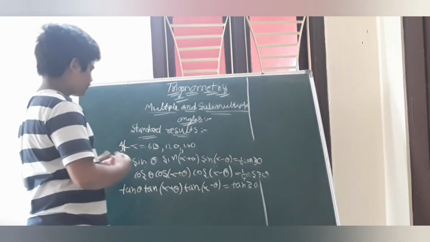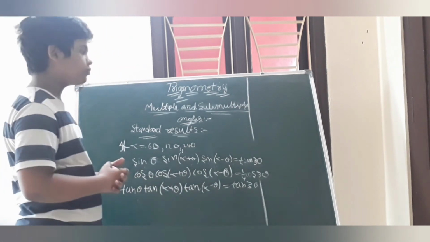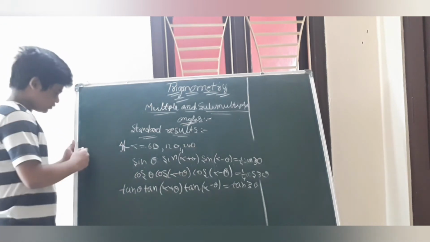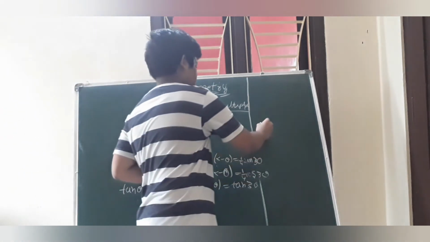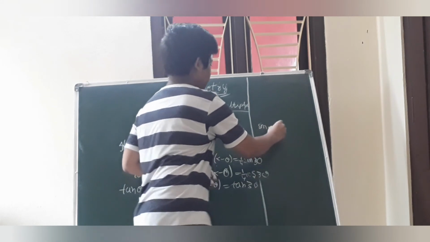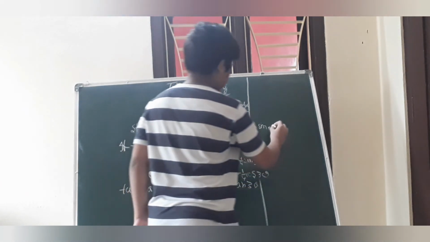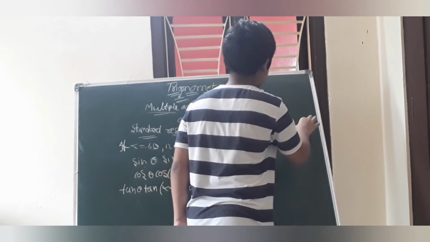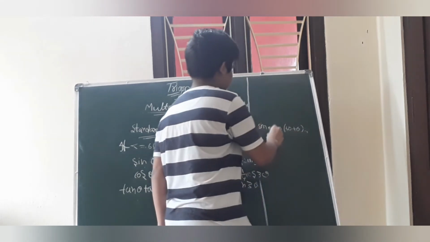So now let us find the proof of sin theta into sin of alpha plus theta into sin of alpha minus theta. In the place of alpha, let us substitute 60. So sin theta into sin 60 plus theta into sin 60 minus theta.